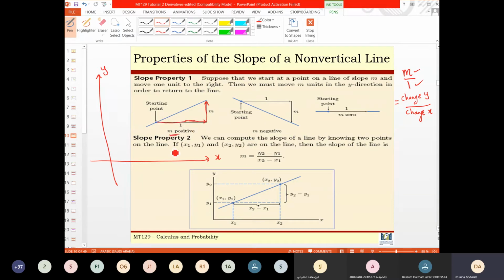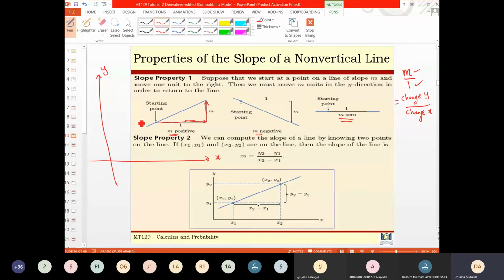This is if m is positive. If m is negative, we move 1 in the direction of x and minus m in the direction of y. And if m is 0, it's not up or down, so the line is horizontal.